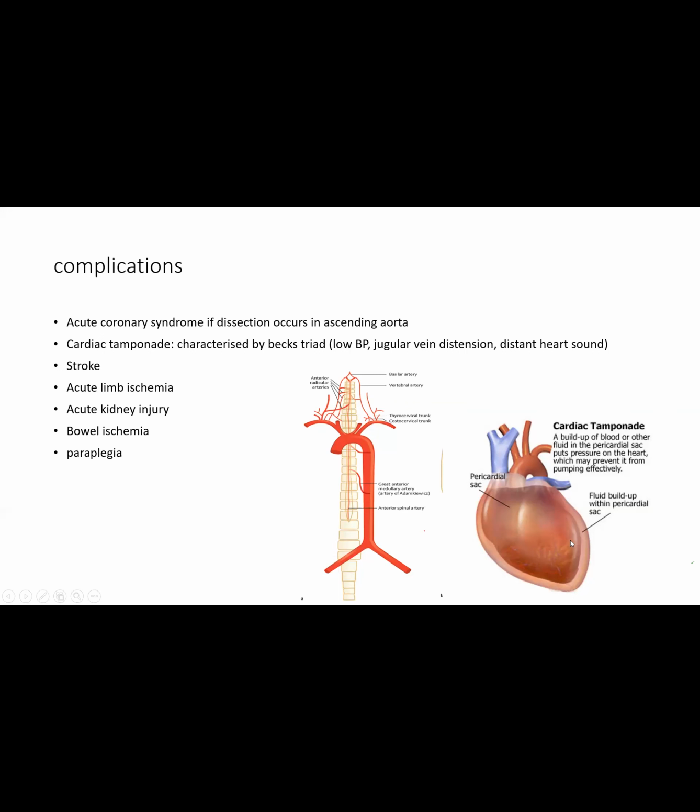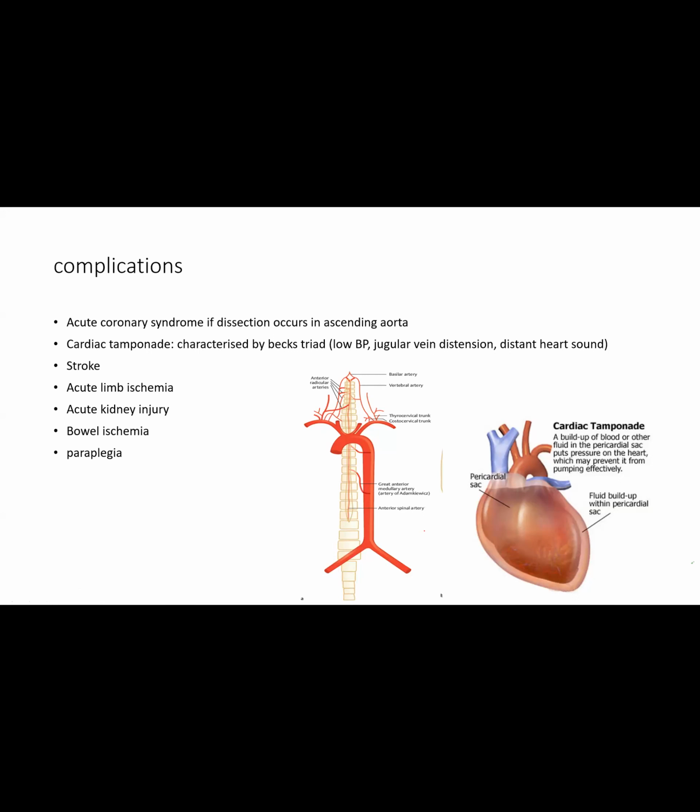Similarly, jugular venous distension is caused because the right side of the heart cannot accommodate venous return, and therefore it leads to jugular venous distension and also distant heart sounds, or you can say muffled heart sounds.